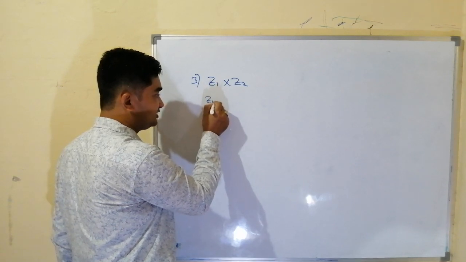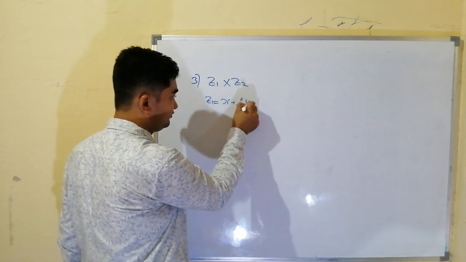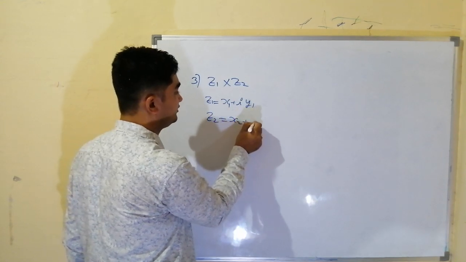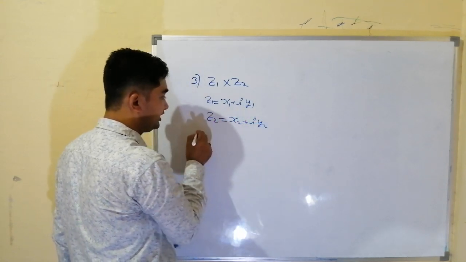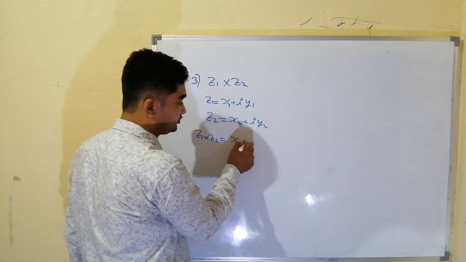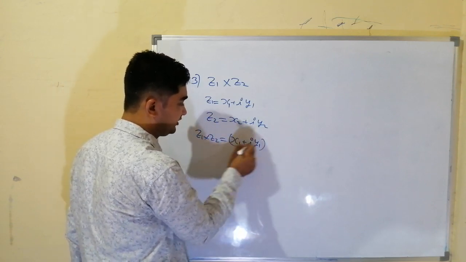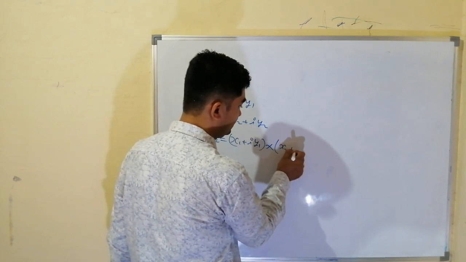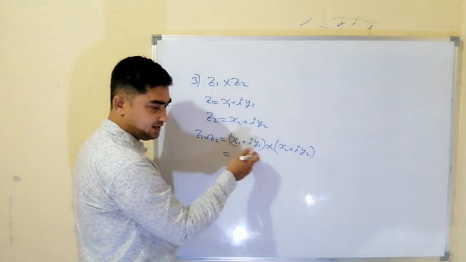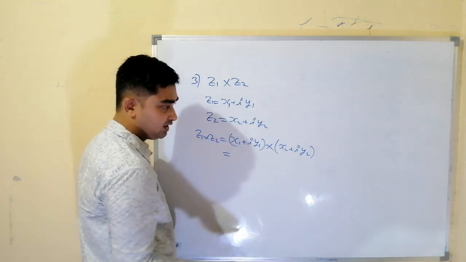Because if Z1 is x1 plus iota y1 and Z2 is x2 plus iota y2, then Z1 into Z2 becomes x1 plus iota y1 multiplied with x2 plus iota y2. Now we can simply open the bracket and multiply.